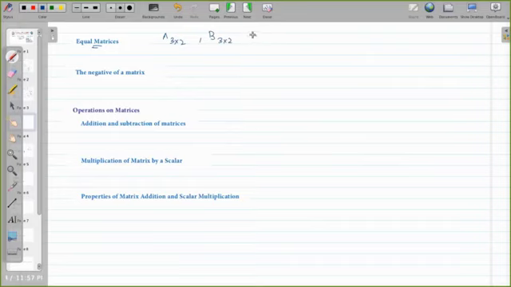So this is nothing but aij, and this is nothing but bij. If both are equal, their elements are also equal. Okay, children, so the order must be the same, and the elements also.